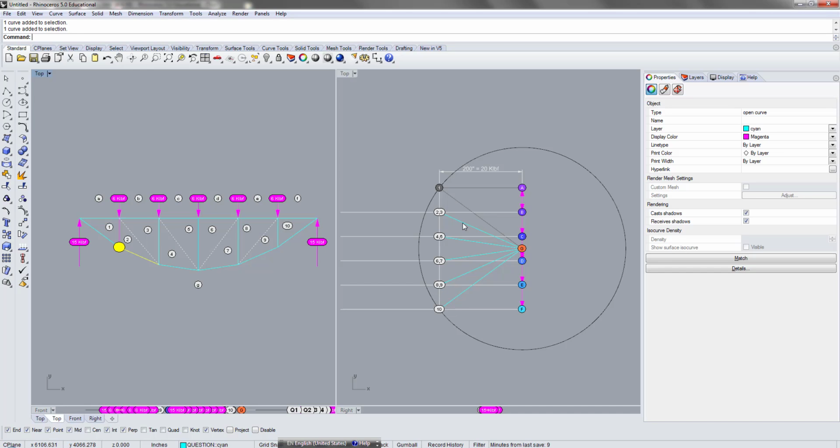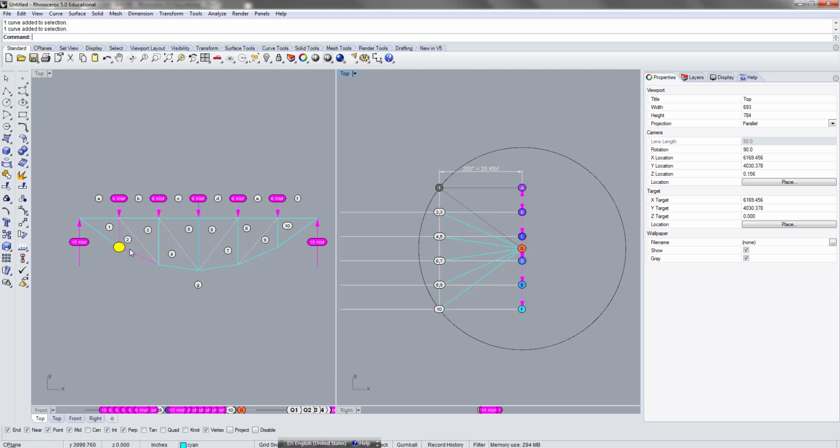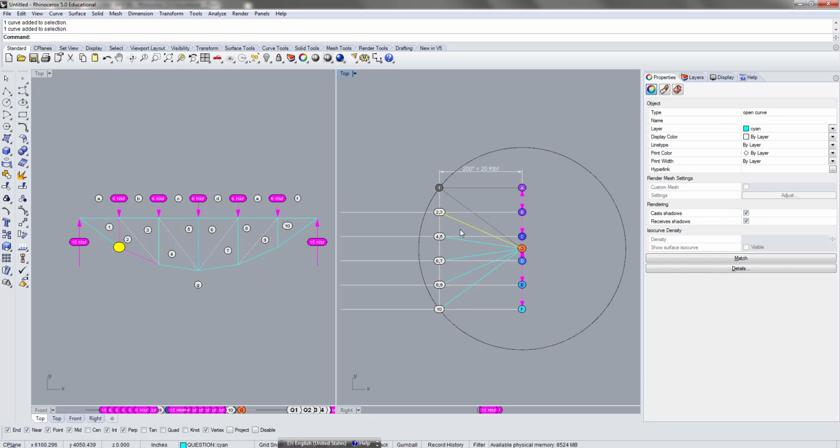How it's going to change is that G2, the bottom chord, needs to have a force of 25,000 pounds. So the length in this force diagram needs to be 250. The current length is 219, so that's problematic.